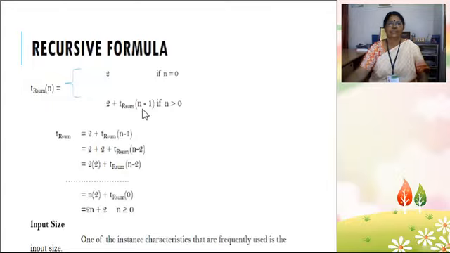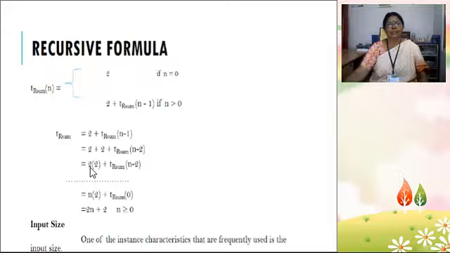Hope you understand how we compute the time complexity for a recursive algorithm. By the substitution method, we can compute the time complexity of this recursive sum by substituting for T_RSum of n minus 1. You could see that T_RSum of n minus 1 is expanded to 2 plus T_RSum of n minus 2.